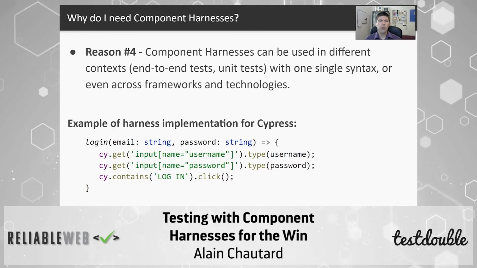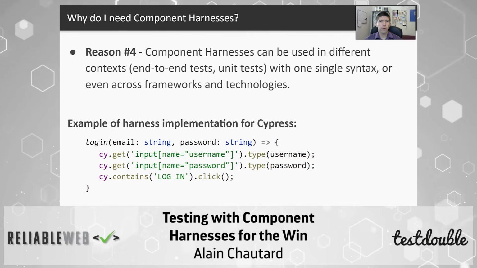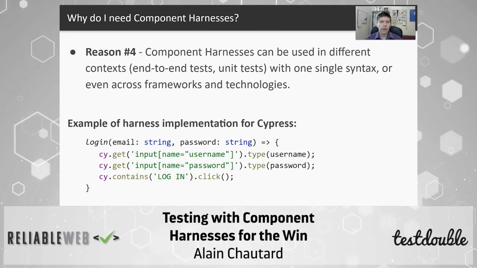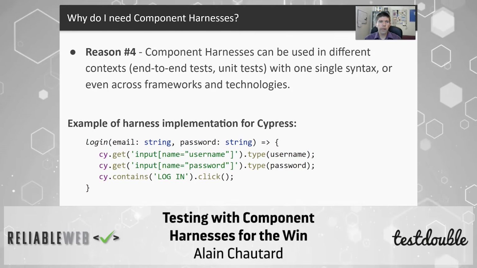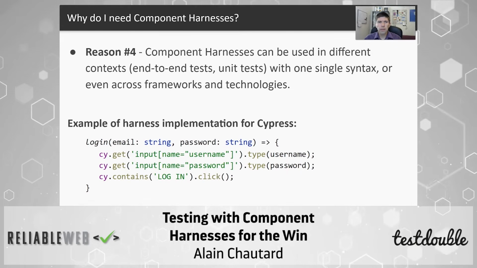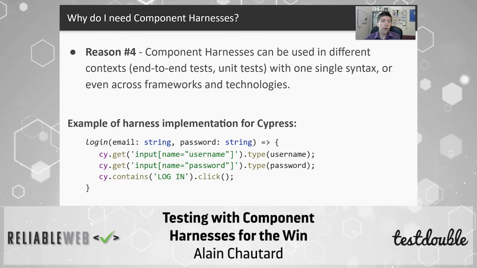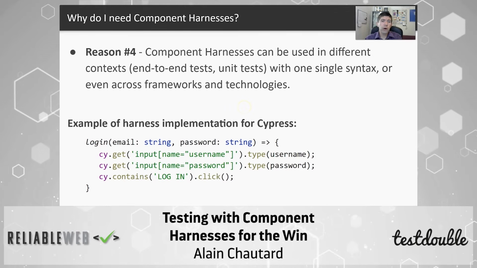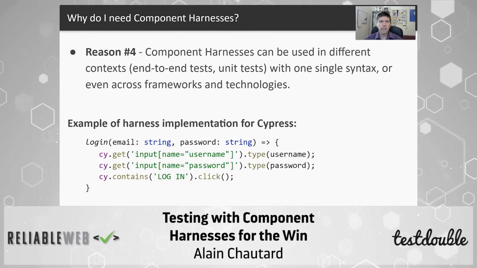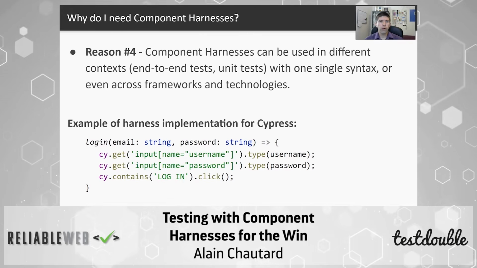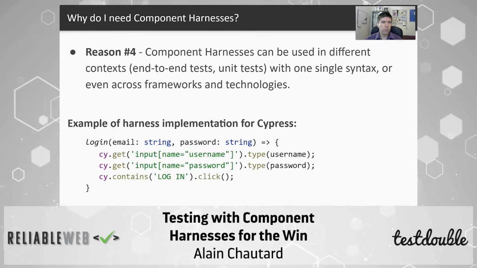Because the way you interact with a component is the way that an actual user would interact with it, which means that this syntax applies to end-to-end, of course, but it can also apply to unit tests. With one single harness API, you could, in theory, reuse that harness for all of your different types of tests and even have similar test scenarios end-to-end in the browser or unit tested at a very local level within a component.